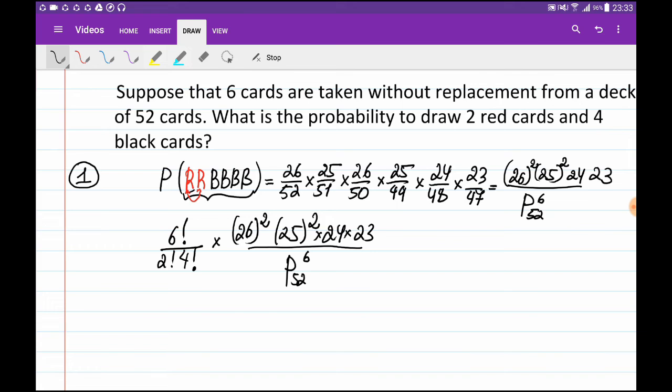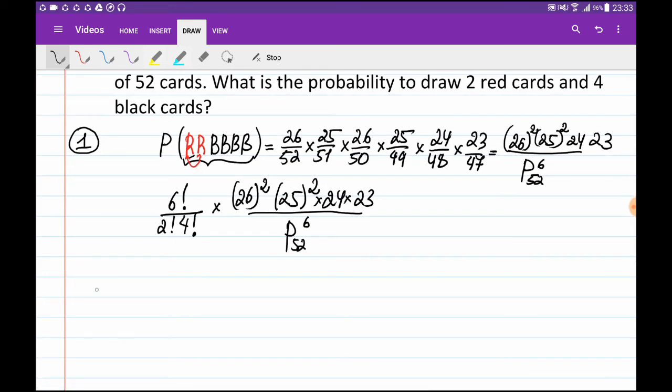Next we can solve this problem differently. Let's assume I would like to choose the 6 cards where the order is important. So in the first place I can choose from 52 cards.